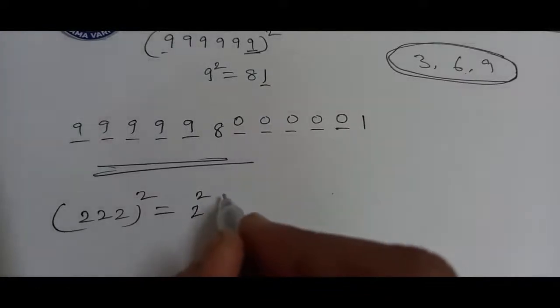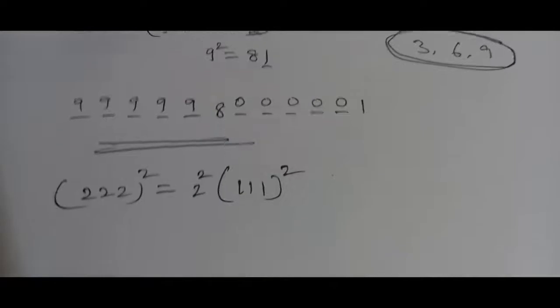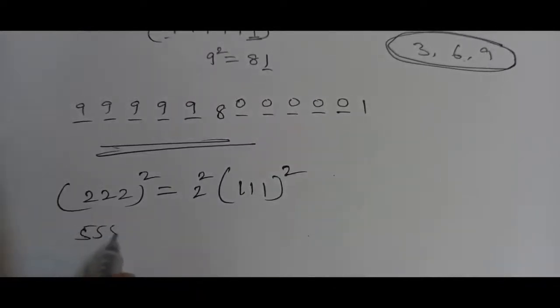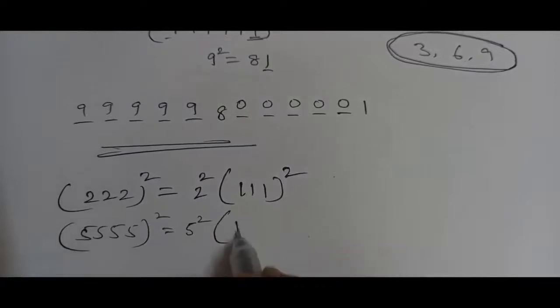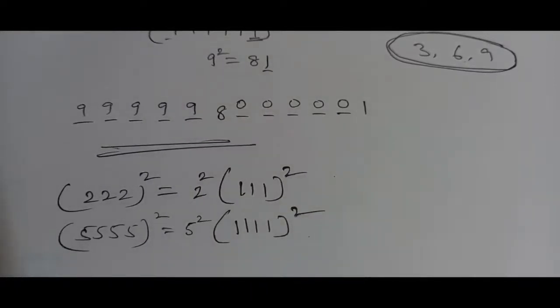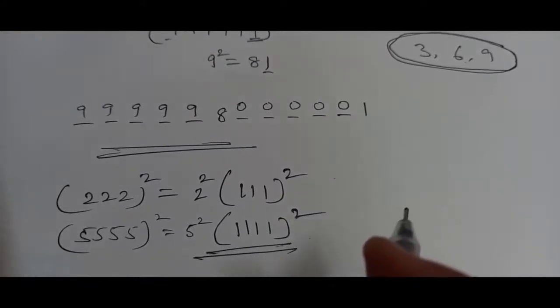Take out 2 square and write 1 square. For 5 squares also, take out 5 square as common, write 111 square. We can use this technique for remaining numbers 2, 4, 5, 7, 8.